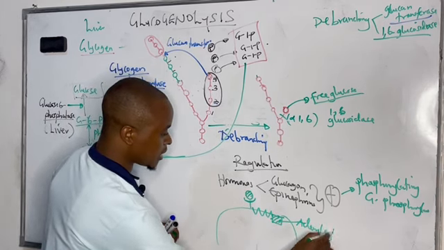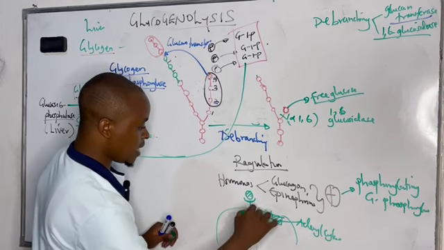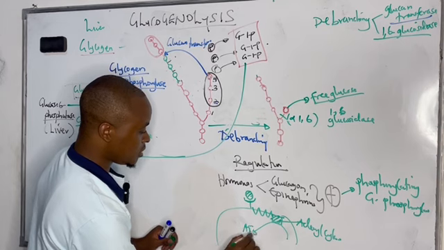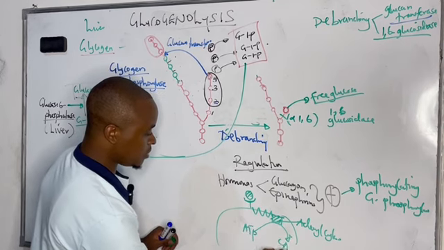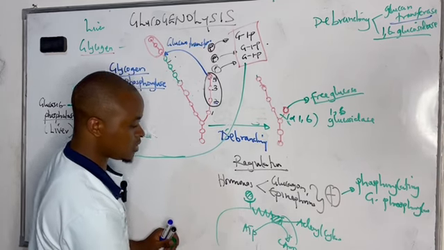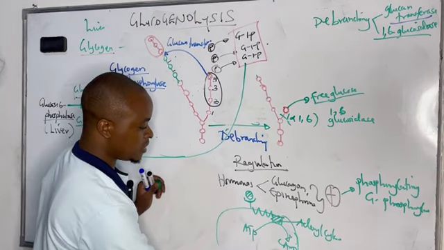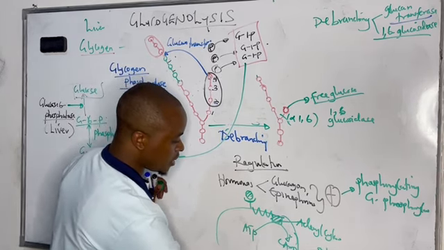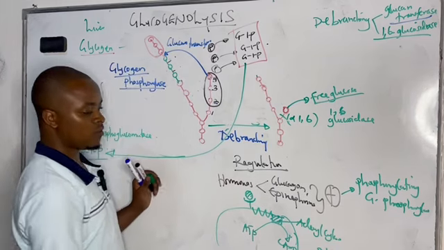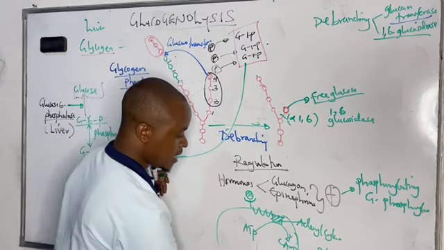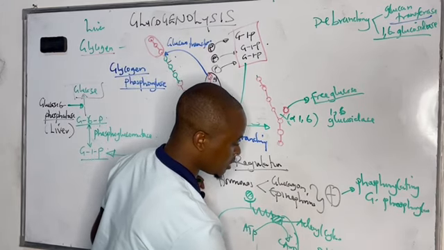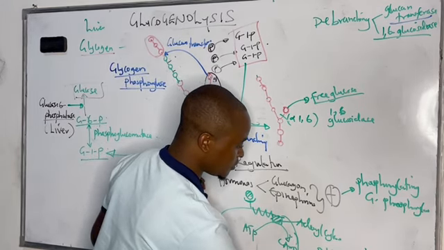And this adenyl cyclase, when activated, hydrolyzes ATP to cyclic AMP, which is the second messenger. This cyclic AMP activates protein kinase A in the cytoplasm of the cell, and protein kinase A starts to add phosphate groups, phosphorylating this enzyme.